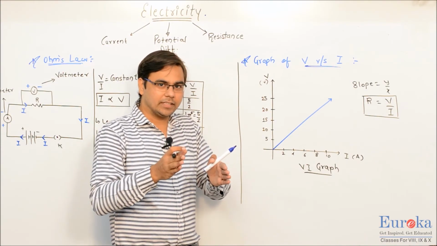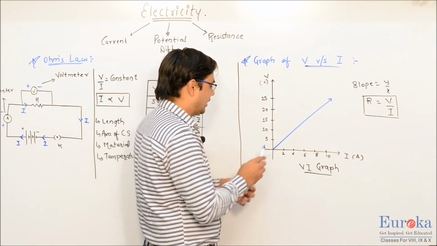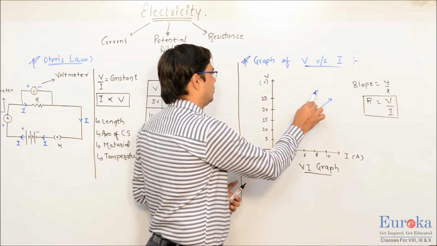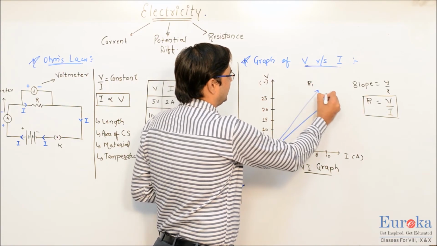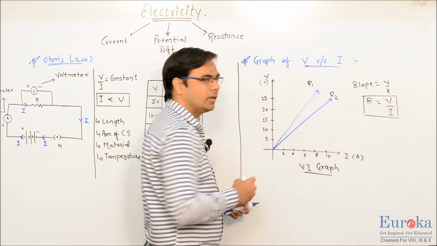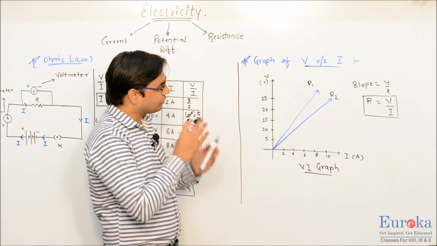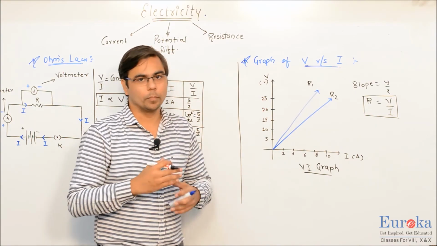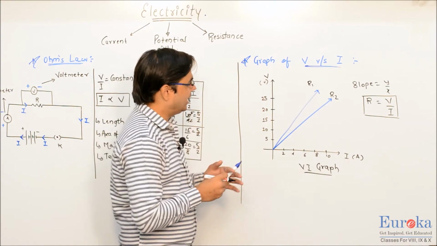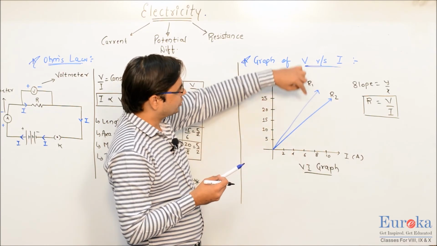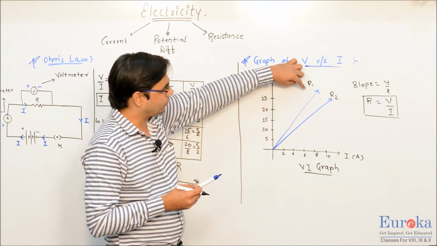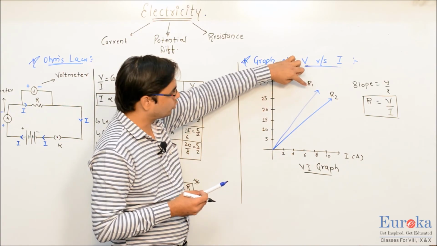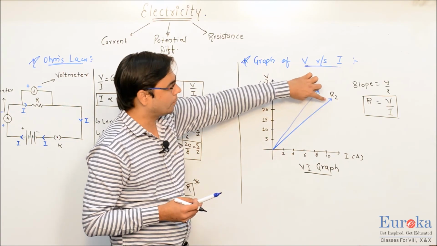To understand this in a better way, let me draw another graph out here. Let's say this one is denoted by R1 and this is denoted by R2. Now just try to figure out which one of them has more slope. Well, to identify that, just imagine yourself at this point and try to look down. So when you look from point R1, you see that the slope of R1 is more as compared to R2.